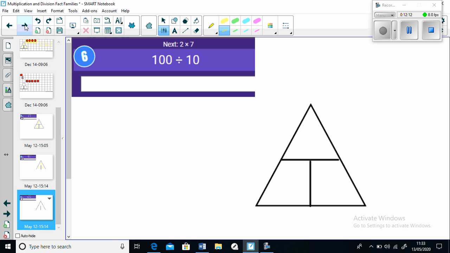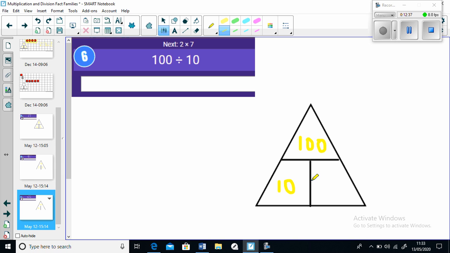100 divided by 10? I don't know that as a number. Hang on a minute. I'm going to use my multiplication facts to help me out. 100, well, that's our altogether number. That's our dividend. Divided by 10, that's our divisor. 100 divided by 10 equals, let's use trial and error.